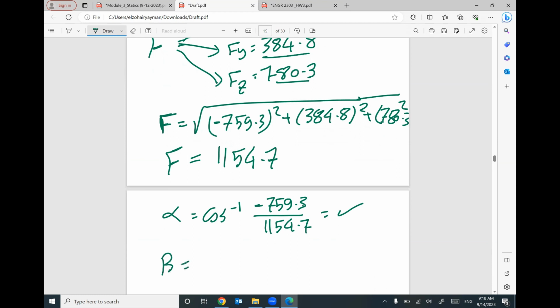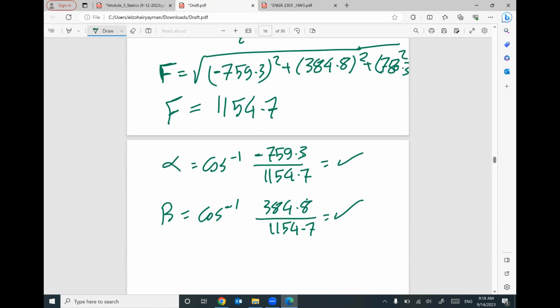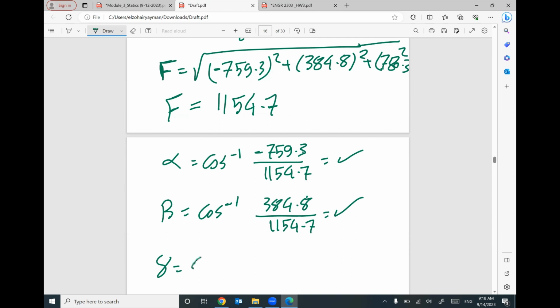Beta equals inverse cosine of the y component divided by the force itself. Gamma equals inverse cosine of the z component divided by the force itself. I can find gamma.